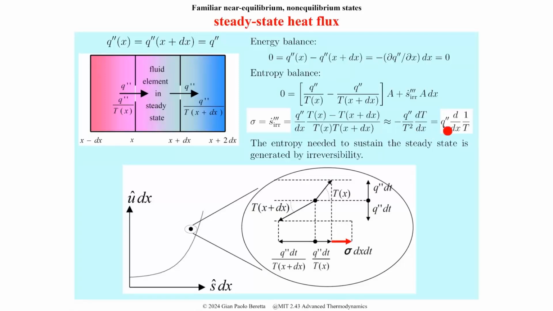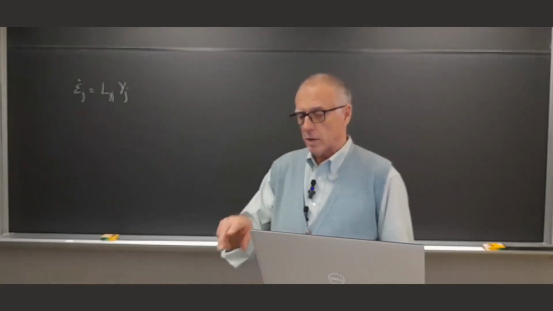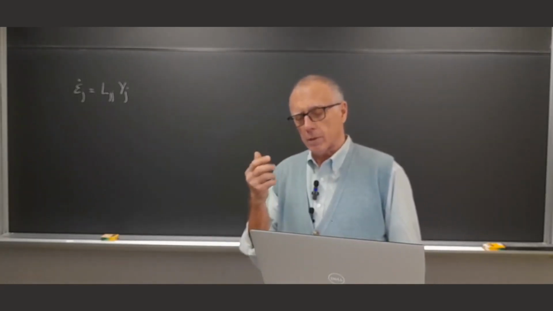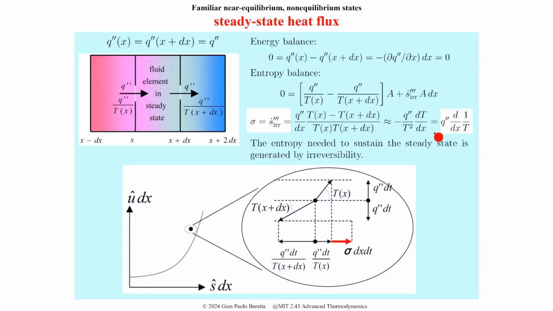So we like to write the entropy production rate as the heat flux times this gradient of the inverse temperature. This is analogous, and this is why we are doing it now, to the chemical idea that entropy production rates are given by a product of a reaction rate times an affinity.